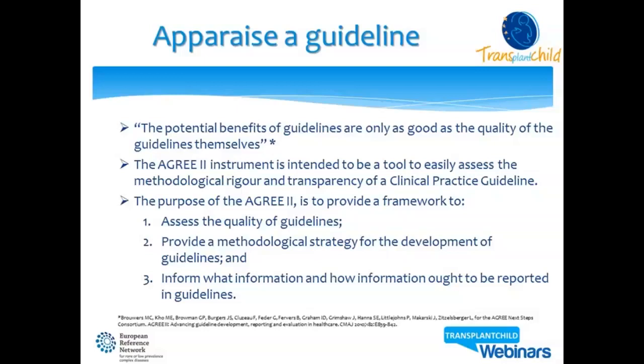So it's very similar to other instruments such as PRISMA or CONSORT, where we can use it as a checklist to appraise studies critically, or even as a tool to develop new guidelines.